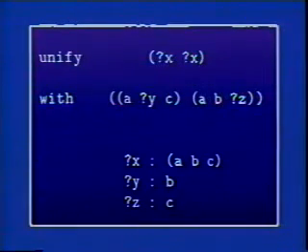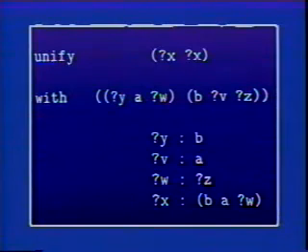But there are more complicated things. I might have said there's a list with two elements, and they're both the same, and they should unify against something of this form. And the unifier should be able to deduce from that that Y would have to be B, because these two are the same.